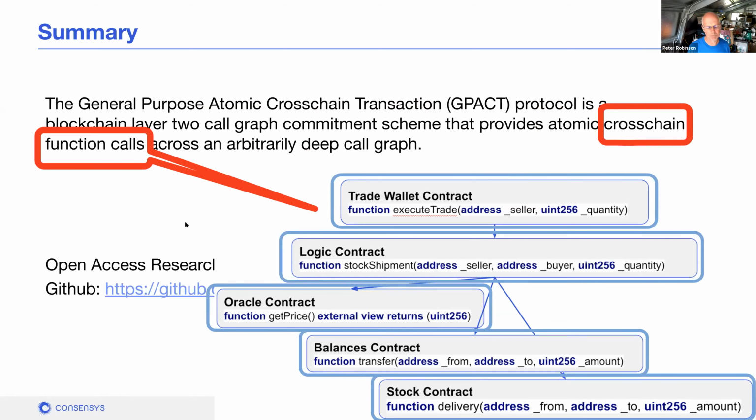And cross-blockchain or cross-chain function calls is when you have one contract being able to call the functions of another contract on another blockchain. The links there, the open access research and GitHub, which you could see on the other slide, are links to the paper that describes the technology in quite a lot of detail, and the GitHub repo, which has a reference implementation.